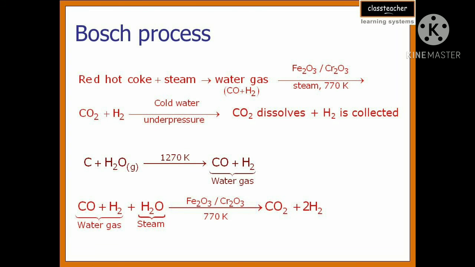By dissolving the mixture in water under pressure, that is 30 atmospheres, or by using caustic potash solution. Then how is carbon monoxide removed? By dissolving the mixture in ammoniacal cuprous chloride solution.